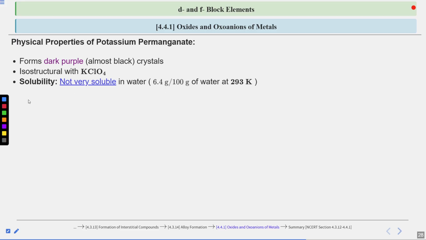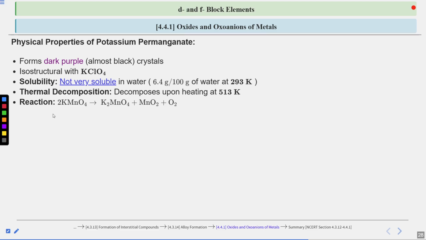Thermal decomposition: it decomposes upon heating at 513 Kelvin. The reaction shows that 2 KMnO4 converts to K2MnO4 plus MnO2 plus oxygen.